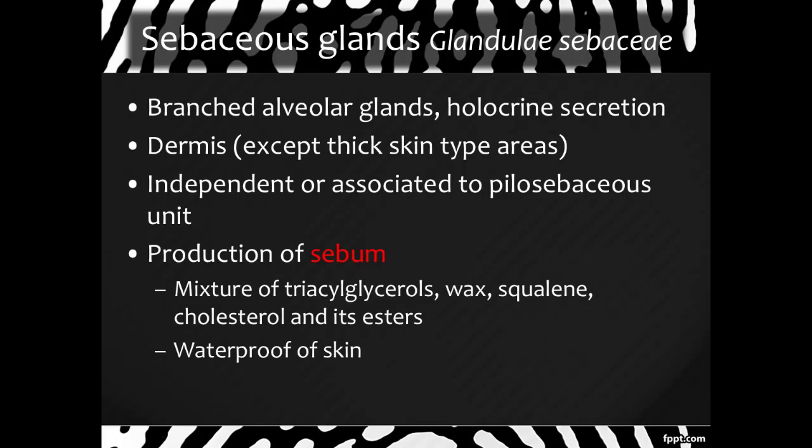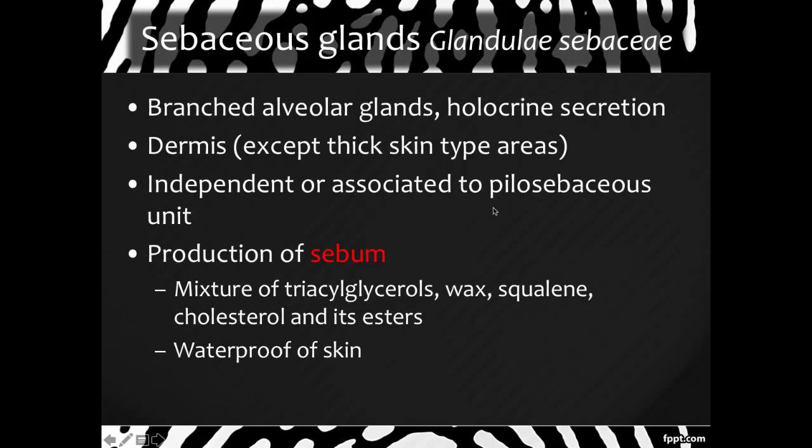as I mentioned when we were talking about hair follicles, but there can also occur free sebaceous glands, which will empty right to the surface of the epidermis. They are located in the dermis, usually, and they are independent or associated to the pilosebaceous unit.